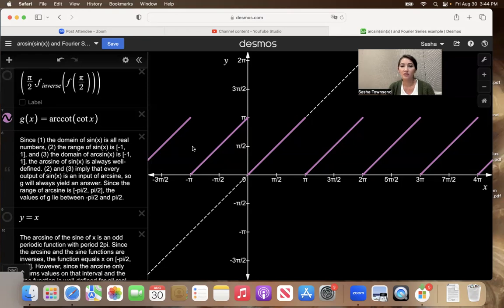Now remember, the restricted domain for sine, tangent, and cosecant is -pi/2 to pi/2. So we're always going to get angles in quadrants 4 and 1. And then with the cosine, secant, and cotangent, we restrict ourselves to the interval from 0 to pi.